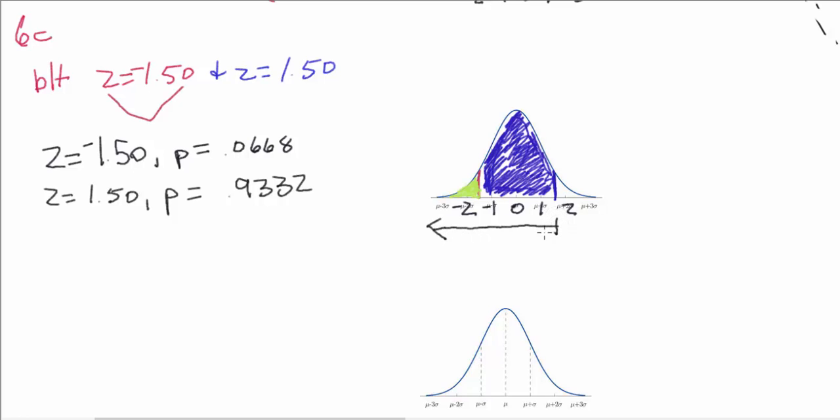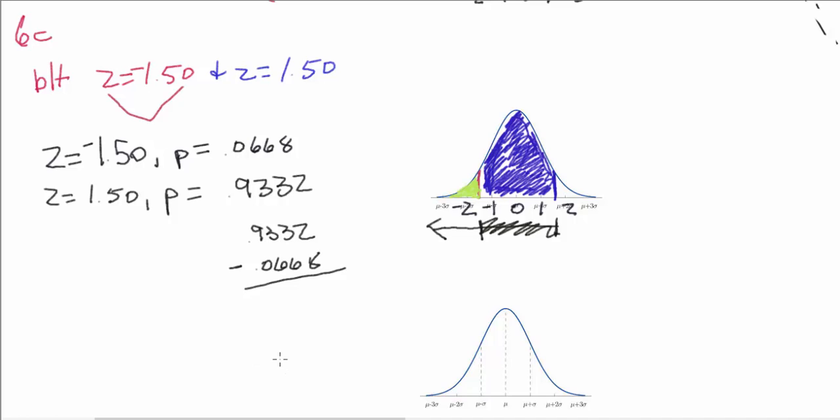So that is actually from this point all the way over. 93.32% of scores fall from this point right here at z of 1.5 all the way to the left of your distribution. We only want essentially this chunk right here. So again, we can just do some subtraction. If we take that full chunk, take out the piece we don't want, that will leave us with that area in between. 0.9332 minus 0.0668.